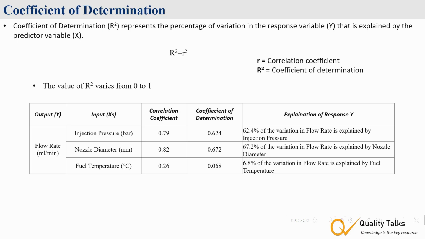Similarly, coefficient of determination for nozzle diameter is 0.672. That means 67.2% of variation in flow rate is explained by nozzle diameter. For fuel temperature, coefficient of determination is 0.068, so only 6.8% of variation in flow rate is explained by fuel temperature.